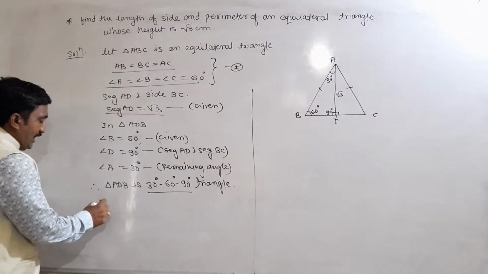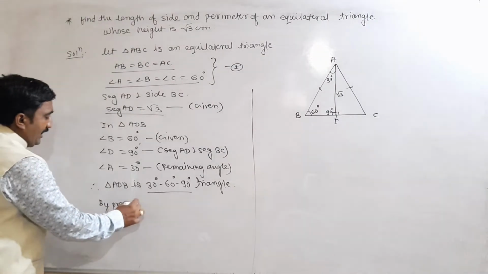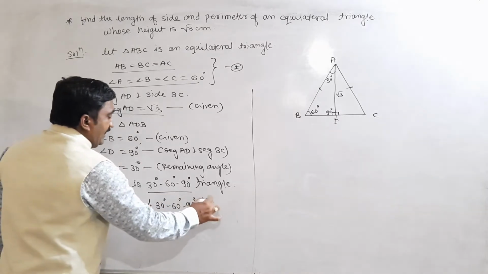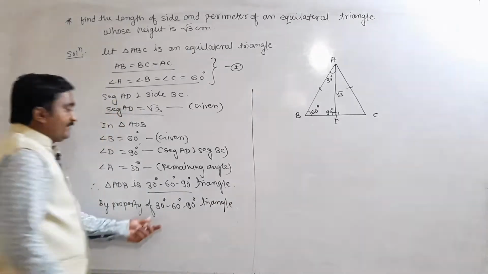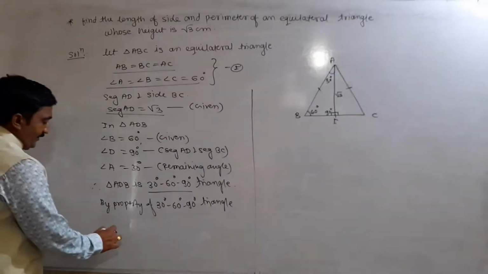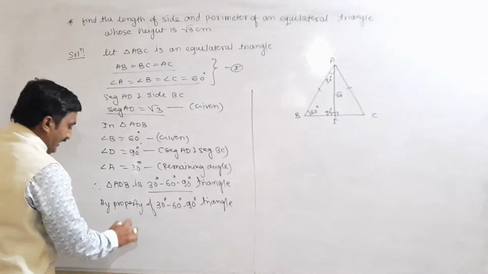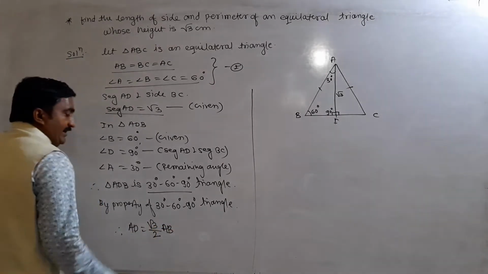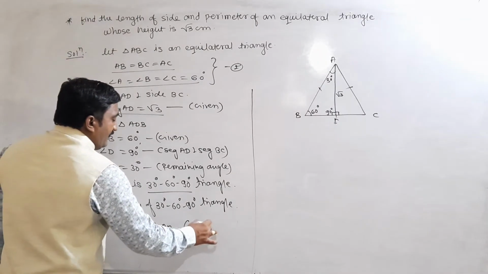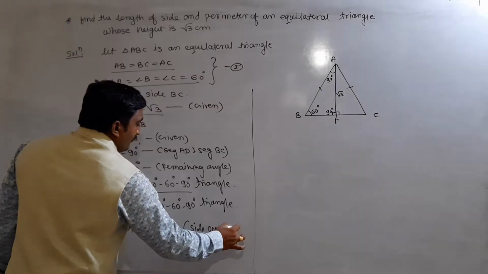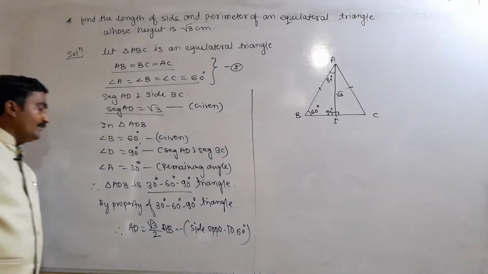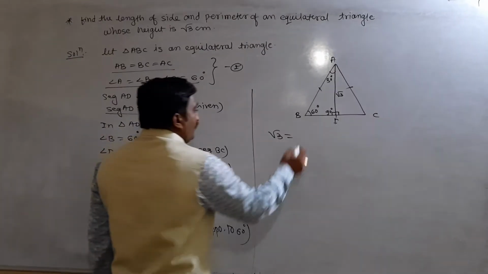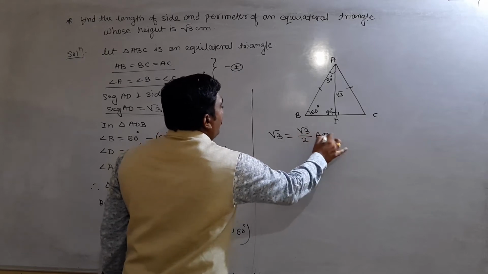So by the property of the 30-60-90 degree triangle, the side opposite to 60 degrees, AD, is equal to root 3 by 2 AB. AB is the hypotenuse. The value of AD is root 3. So root 3 is equal to root 3 by 2 AB.